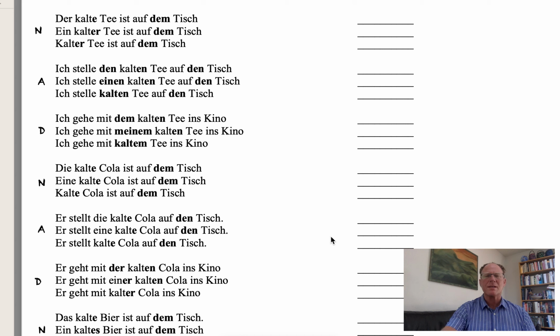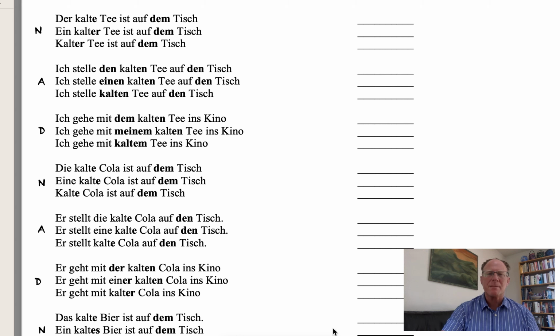And another thing that we're going to want to keep in mind is that in German, the noun and what is around the noun changes depending on how it functions in the sentence.